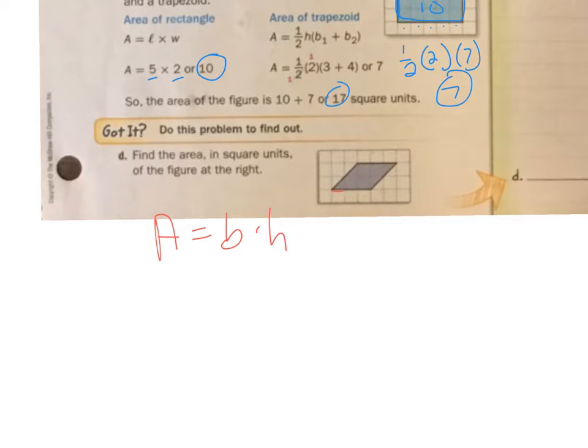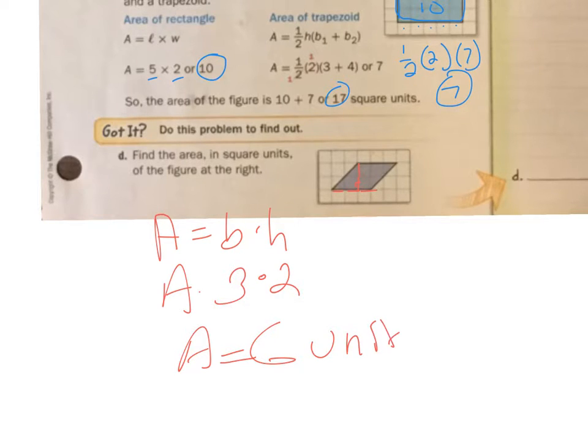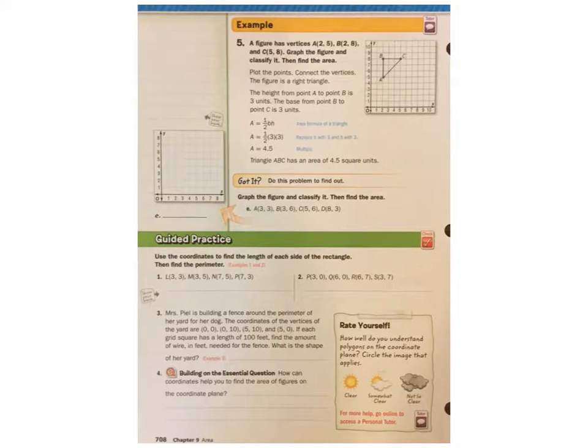My base is 1, 2, 3, and my height is 1, 2, because that forms a right angle. So 2 times 3, the area equals 6 units squared.